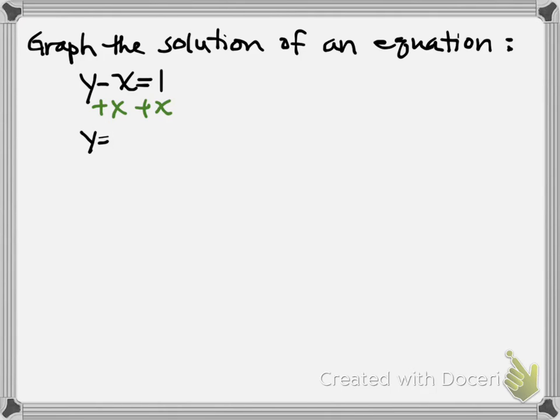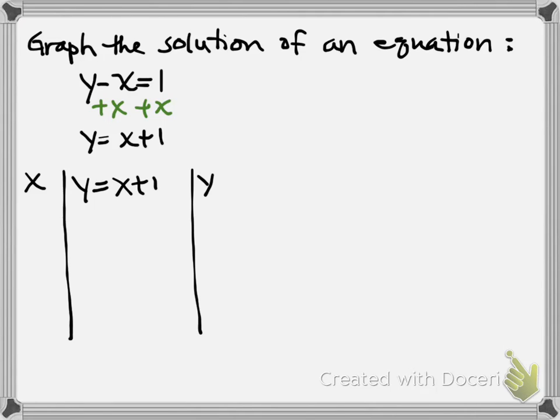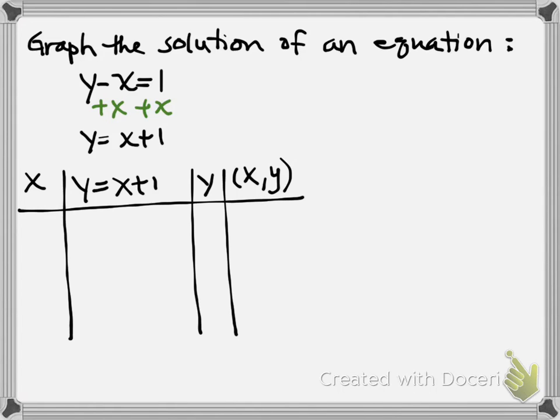And we get y equals x plus 1. So now I'm going to come up with my chart, and I'm going to do that on the left side here. And I have x, I have y equals x plus 1, so this is really where the work is taking place. I have y, and I have the conclusion of the ordered pair put together.